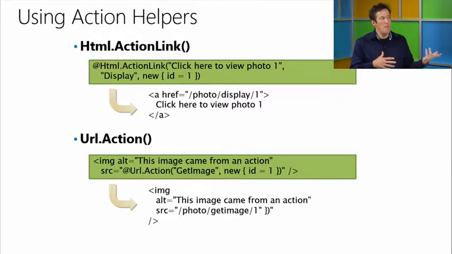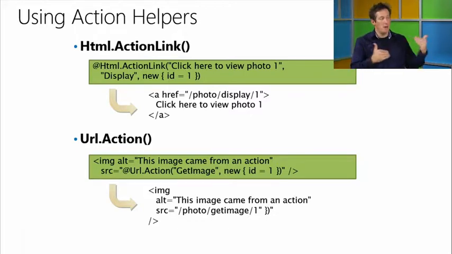So if you remember back to the little screen that John had up a couple minutes ago where there was a link for create or there was a link for details. If John would have clicked on that, that actually would have brought up the details for a particular speaker. The way that those links are being generated is by utilizing Html.ActionLink. What's really neat about Html.ActionLink is, John was talking about routing before.